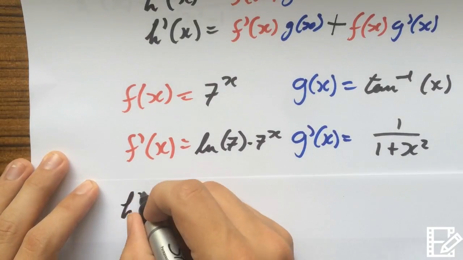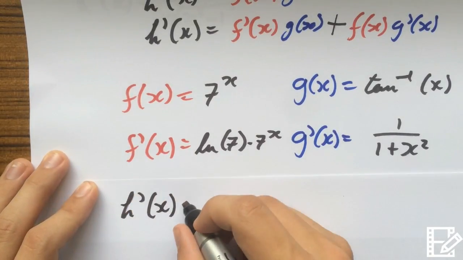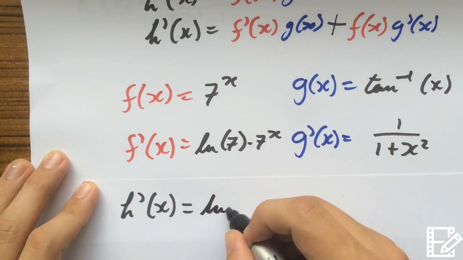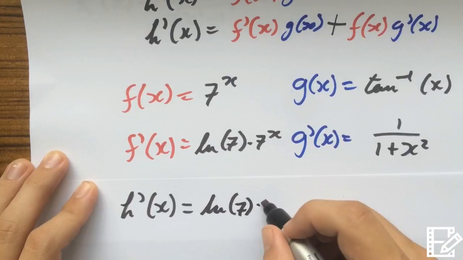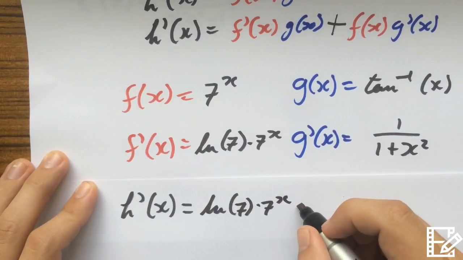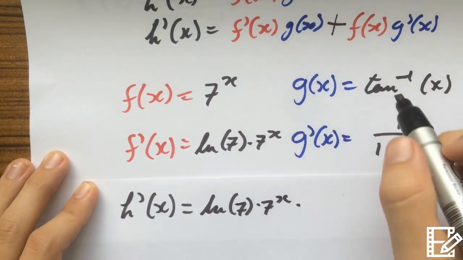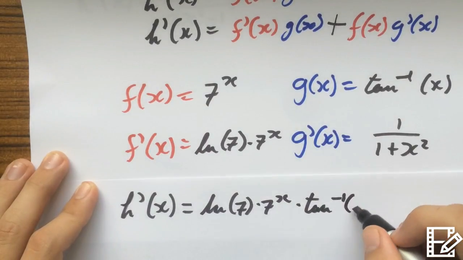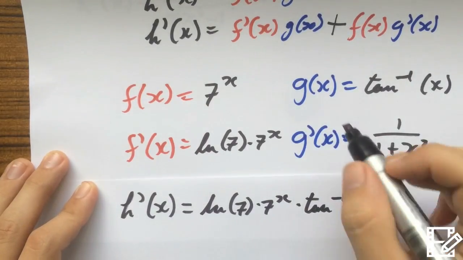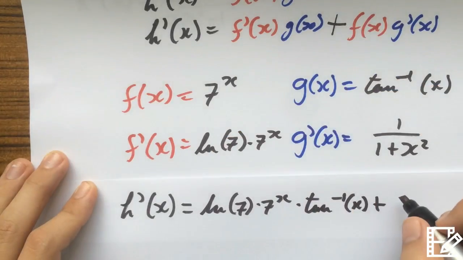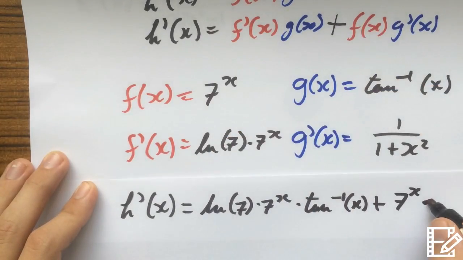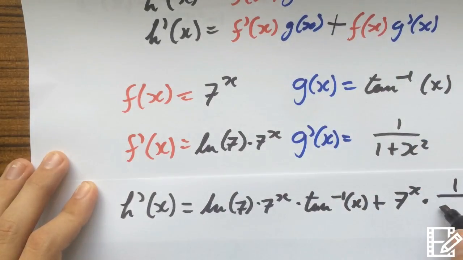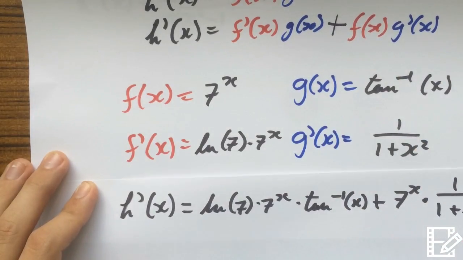So we have h dash of x equals the derivative of f(x), that is ln of 7 multiplied by 7 to the x, multiplied by g(x), which is the inverse of tan x, plus f(x), which is just 7 to the x, multiplied by the derivative of g(x), which is 1 over 1 plus x squared.